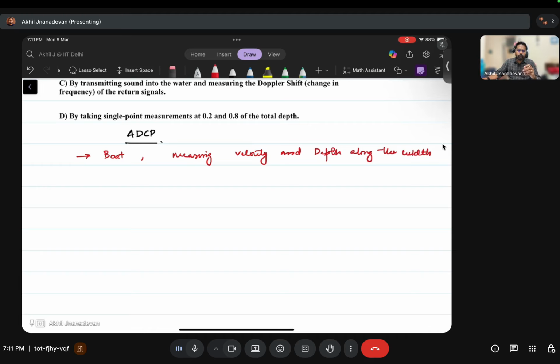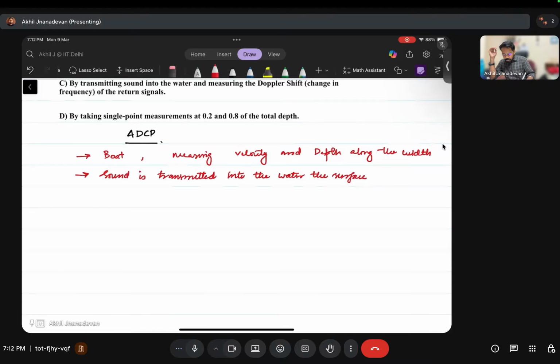So basically, how it measures is it transmits sound waves. Sound is transmitted into the water from the surface by the transducer.